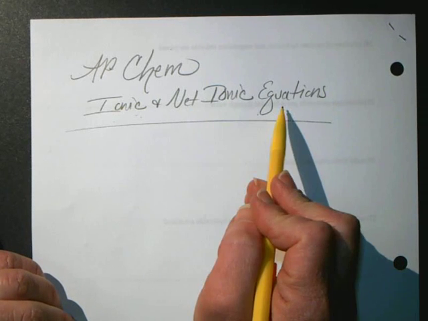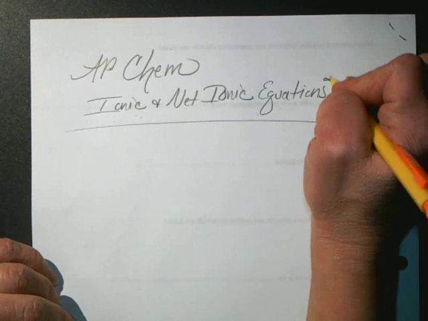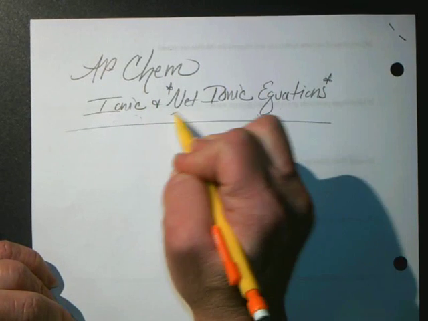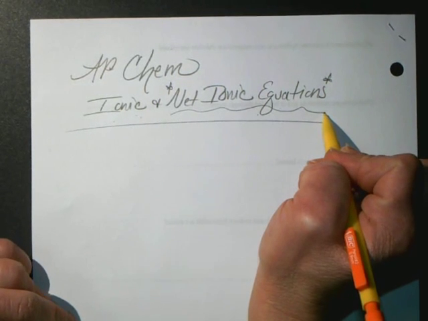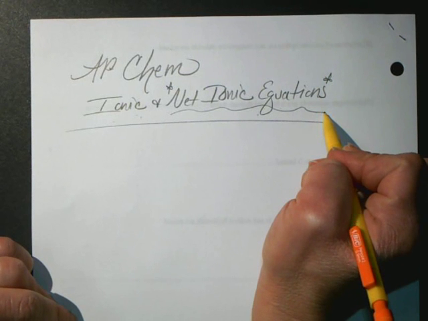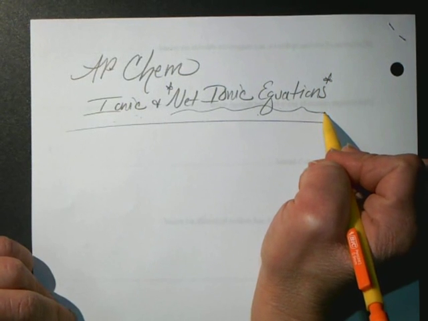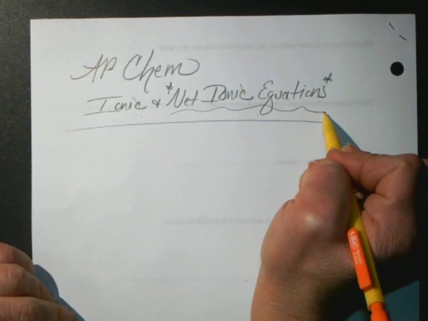Net ionic equations are free of spectator ions. So as far as advanced chemistry, this is really all that we're concerned about. What is actually undergoing a chemical transformation? What is being altered from reactant to product? What truly is driving the reactants to form products?